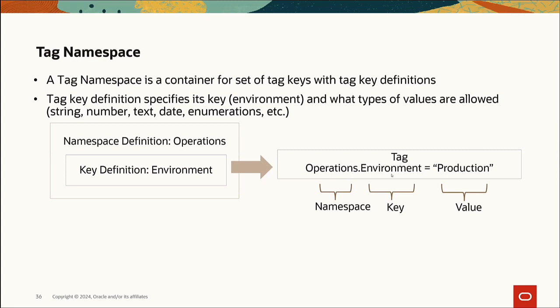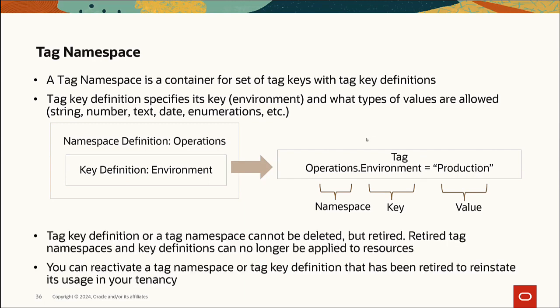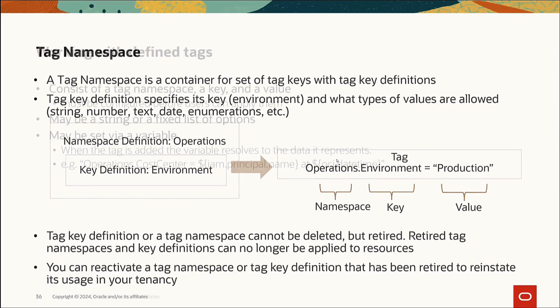So we know that that's the key coming from this tag namespace, and then you can specify that value, call it production XYZ or whatever, or you can also, as part of the tag namespace validation, specify a predefined list of values so that whoever is attaching that tag to that respective resource is just going to have to choose one of those values in the drop-down list. That's the idea, okay?